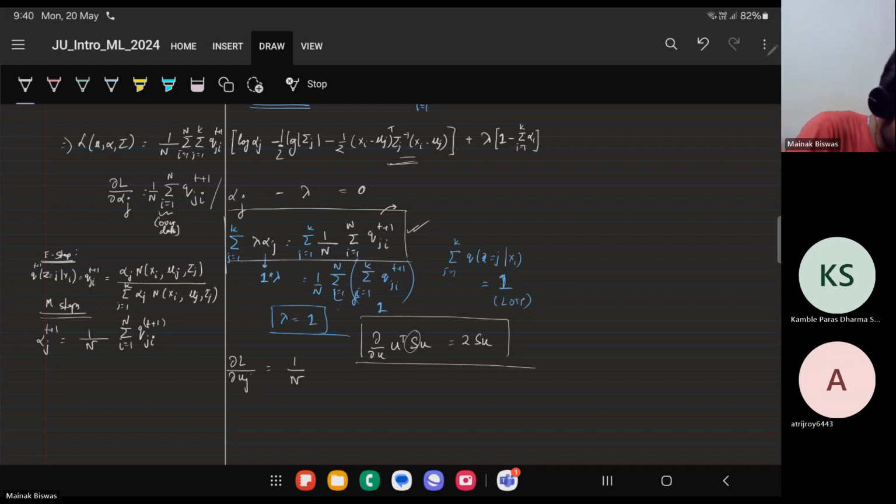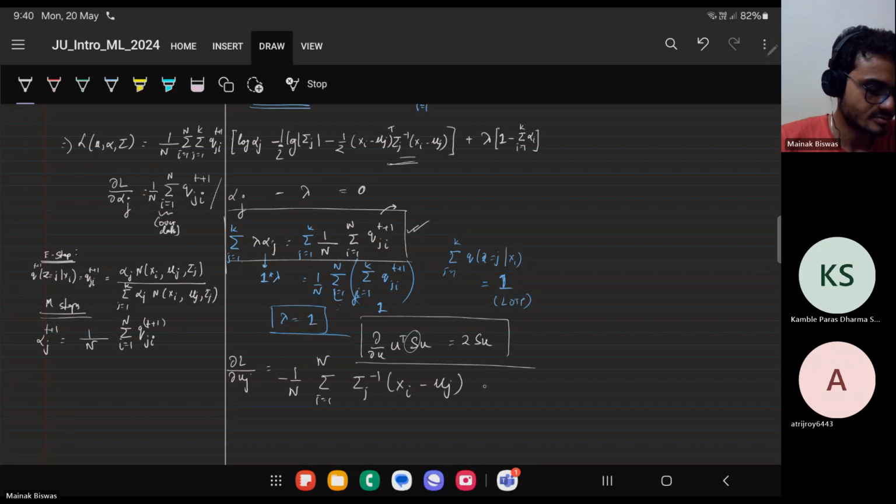So now I get summation of i equal to 1 to n. Again, j goes away because I'm taking the derivative with respect to mu j. So I'll get minus 1 by n sigma j inverse times xi minus mu j, correct? This has to be equal to 0.